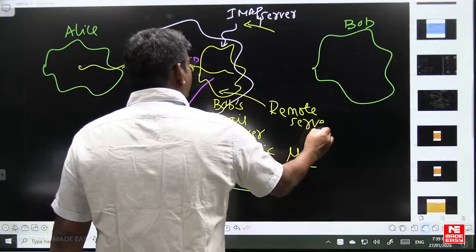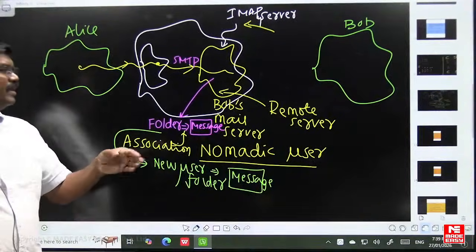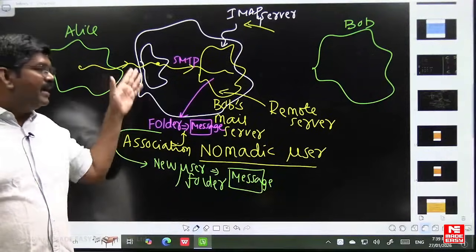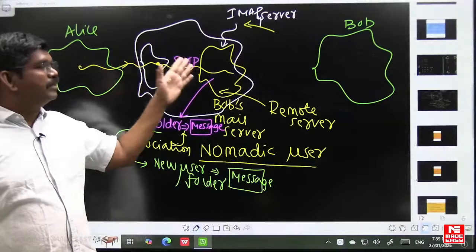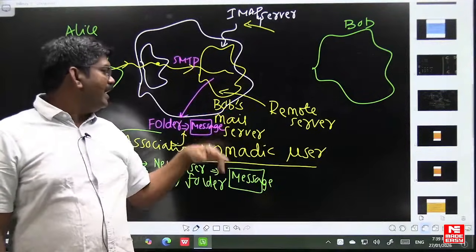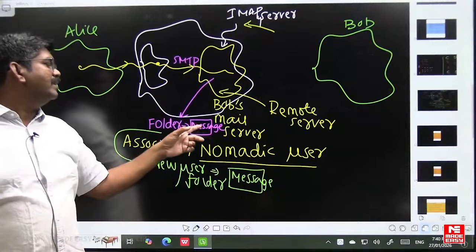In simple words, which I would like to explain in a very precise manner: the user agent sends the mail to the LS mail server. The LS mail server sends the mail to Bob's mail server. But if it is configured with IMAP4, along with the message a folder is created, and inside that folder the message is stored.